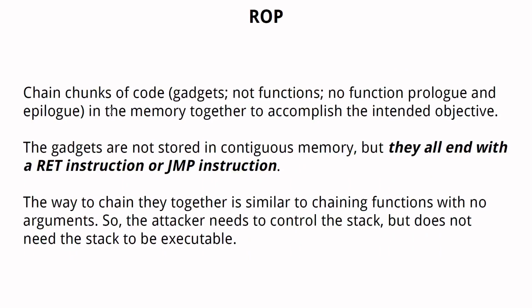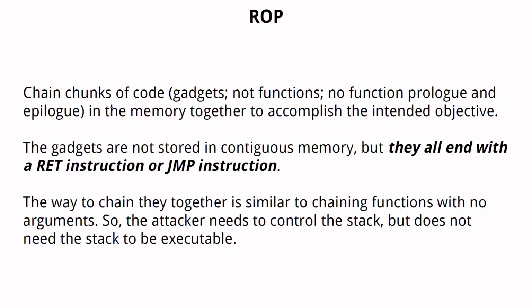So in ROP, we chain chunks of code, which we call gadgets. They're not functions. They can be functions, but they don't have to be. Those gadgets usually do not have a function prologue or epilogue. Sometimes they are very, very short, just 2 instructions, a computation instruction and a return instruction. Sometimes they can be longer, 10 instructions and a return.